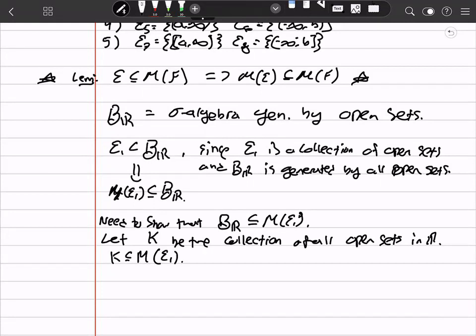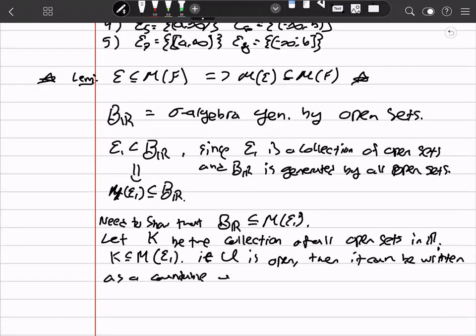Now why is that? Well, as we noted before, if U is open, then it can be written as a countable union of disjoint intervals, that I kind of hand-waved before.